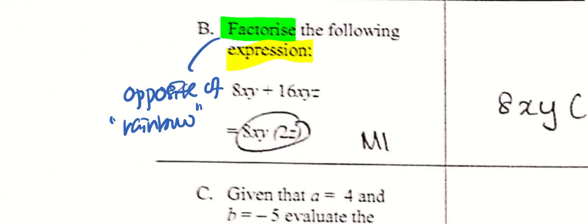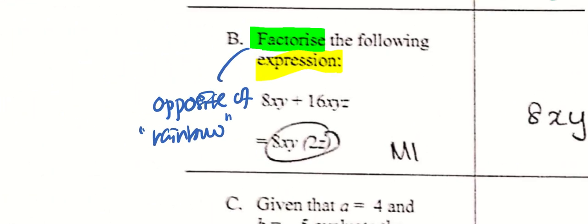So let's take a look. So you have 8xy plus 16xyz. Yeah, there are two terms over here. So we are interested in finding what is the highest common factor between these two terms. Okay, so let's look at the number first. 8 and 16. Well, you can expect that the highest common factor involves 8. Next we look at the variables, xy and xyz.